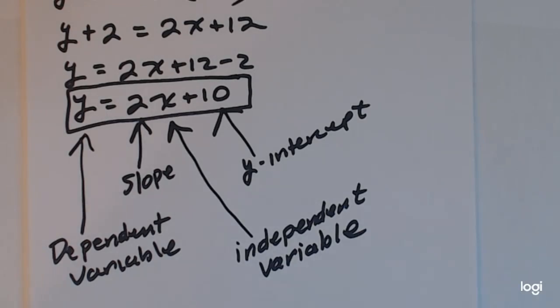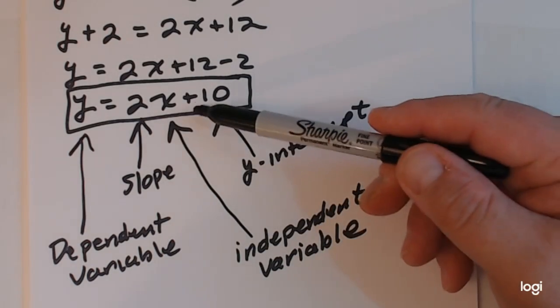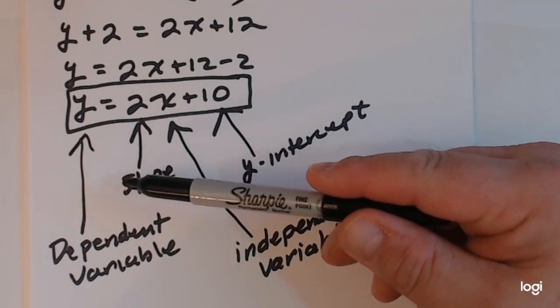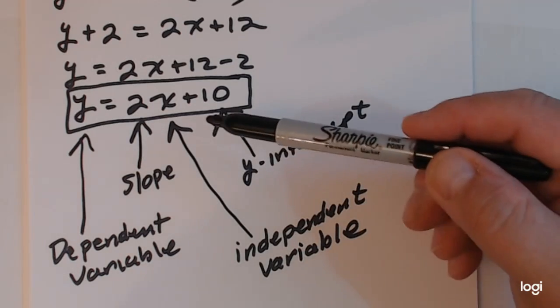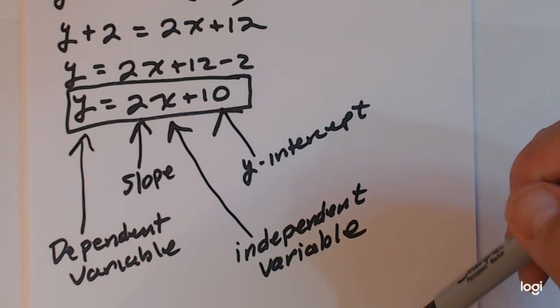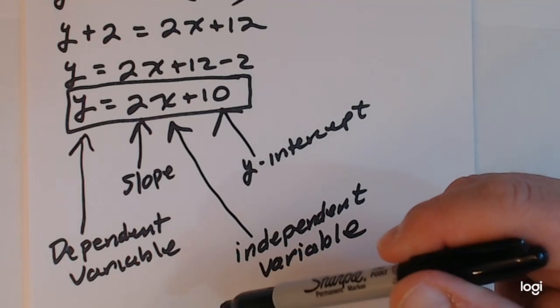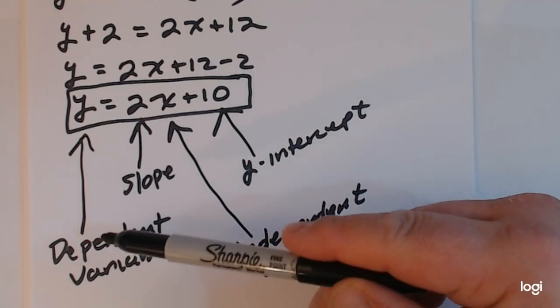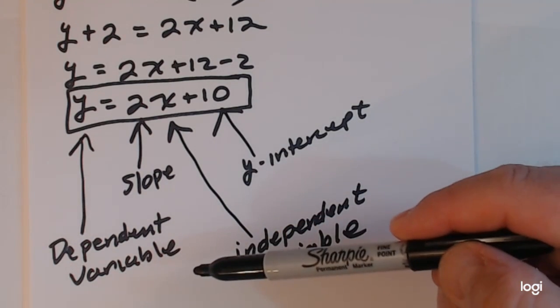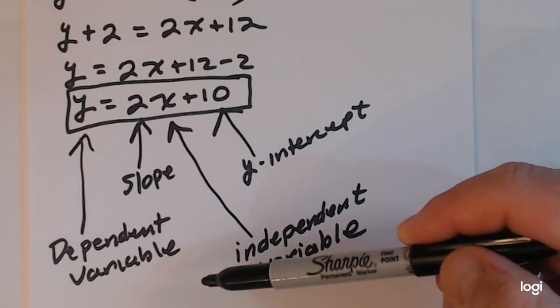And we often say that x is the exogenous variable and y is the endogenous variable. X is determined outside of the model. That's what exogenous means. And y is determined inside the model. That's what the endogenous part means.